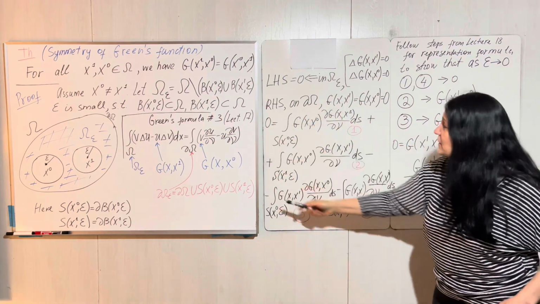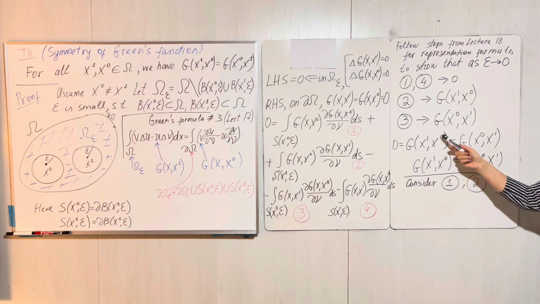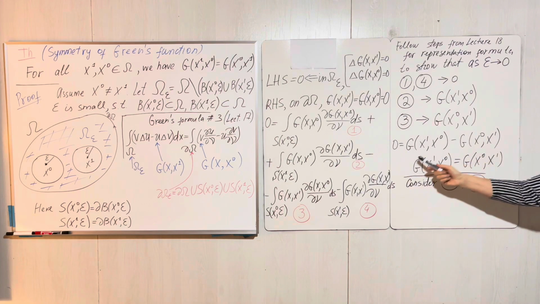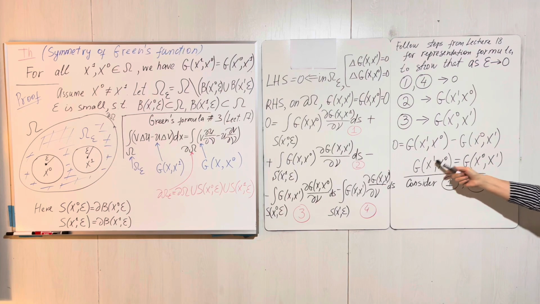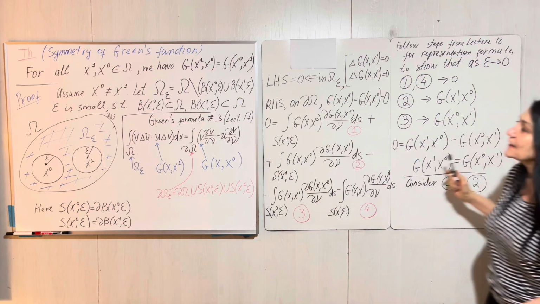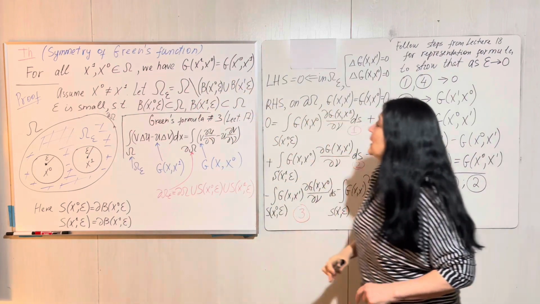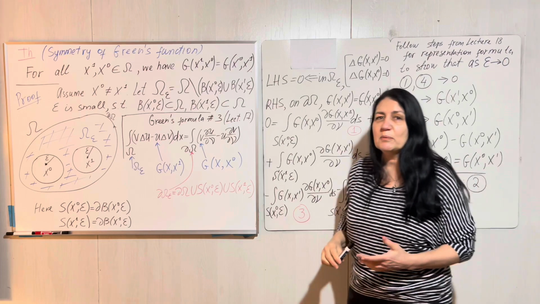From this equation we get 0 equals g(x1, x0) minus g(x0, x1), which means that g(x1, x0) equals g(x0, x1). So that was our goal, and then the whole theorem will be proven.